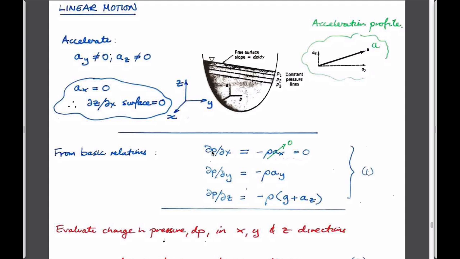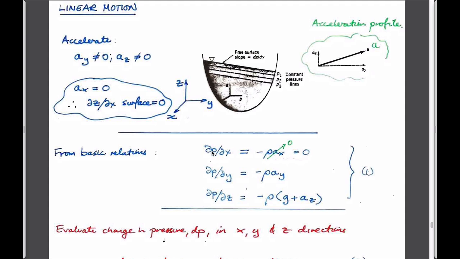And we could define the inclination of that surface, dz/dy, as we called it. And the other thing we talked about was what happens to pressures, for instance, as you go down in the fluid, if it's accelerating horizontally.